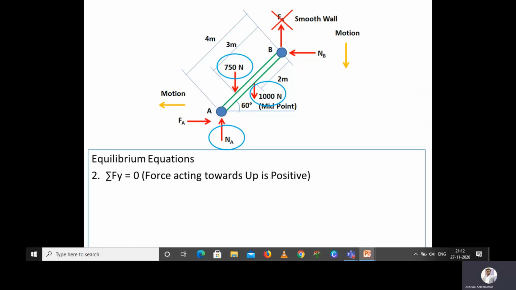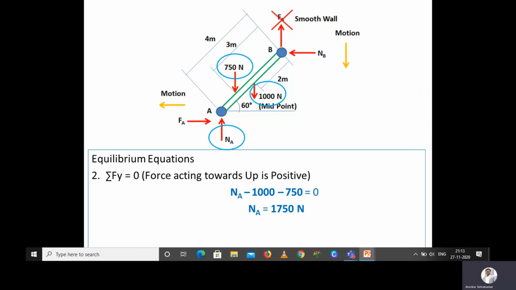We have already seen that FB won't come because it's a smooth wall. So Na will be positive, and 1000 Newton and 750 Newton will be negative as per our assumption. So we can substitute: Na minus 1000 minus 750 is equal to 0. From this we can calculate Na is equal to 1750 Newton.